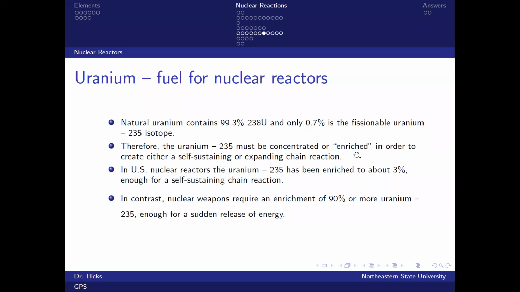So you have to enrich naturally occurring uranium to get enough of the 235 isotope. For nuclear reactors, you need to enrich it to about 3% uranium-235. Nuclear weapons require their uranium to be enriched to a much higher percentage, roughly 90% uranium-235.